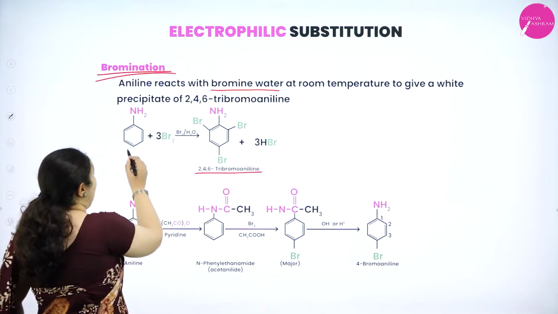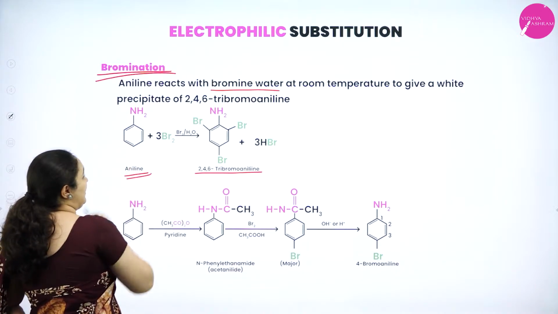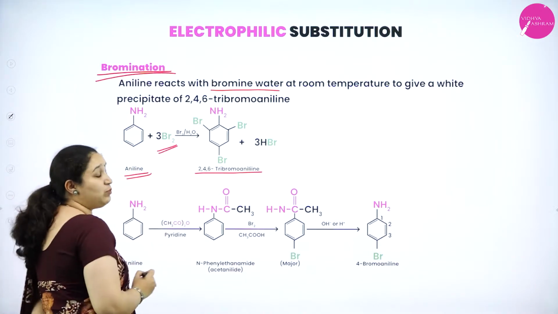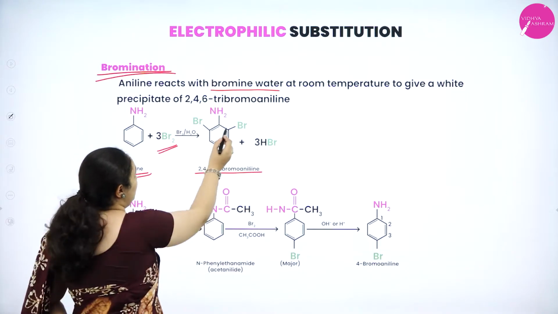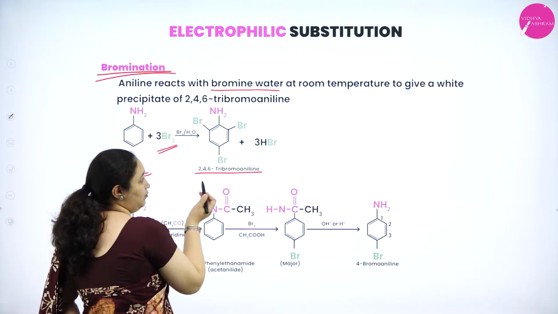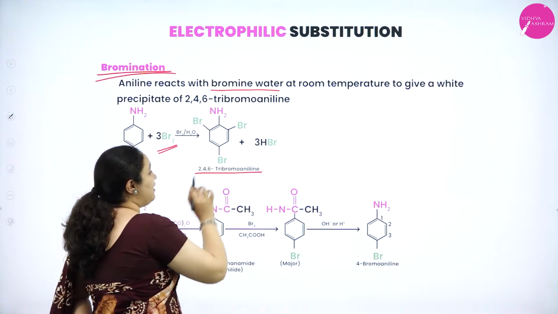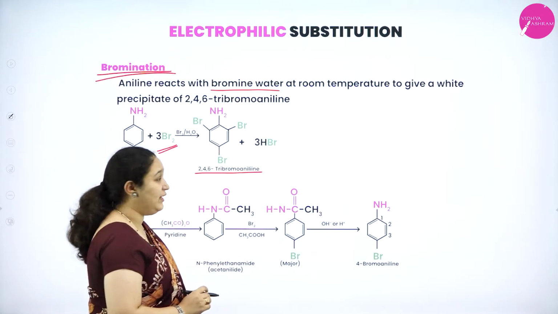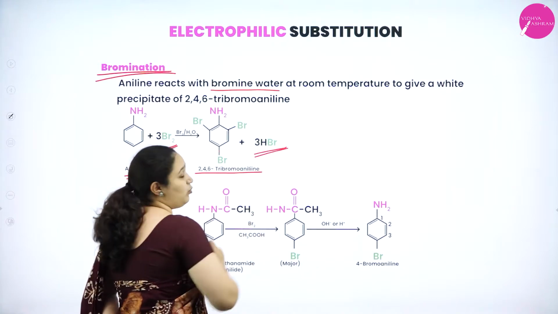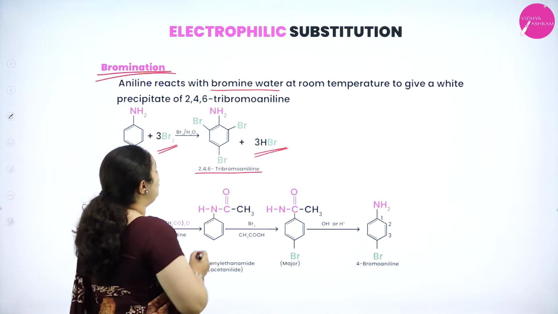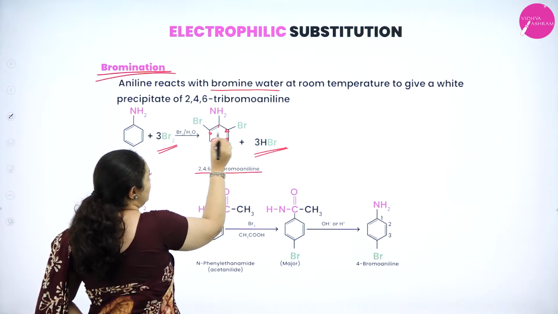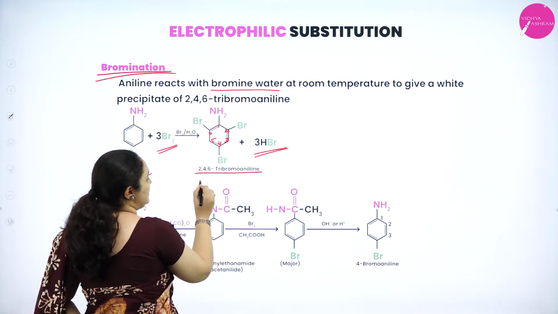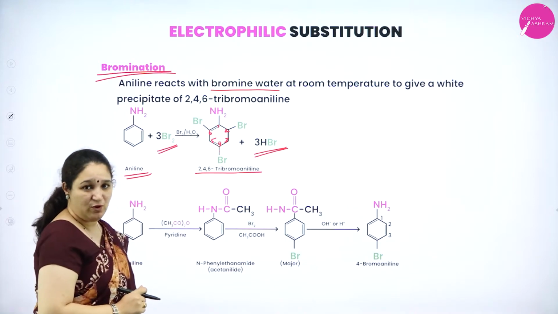That is, when aniline, benzene ring with NH2 group, is treated with bromine water, both the ortho positions and the para position get substituted by bromine, and it will form hydrogen bromide as well. So how do you number it? 1, 2, 3, 4, 5, 6. So 2,4,6-tribromoaniline is formed.